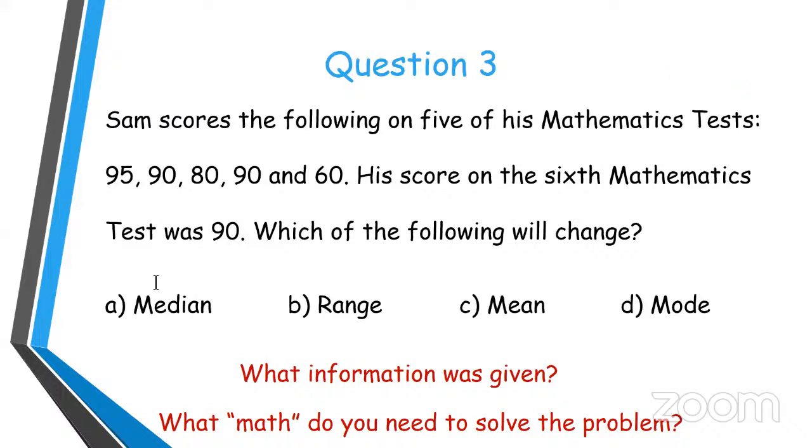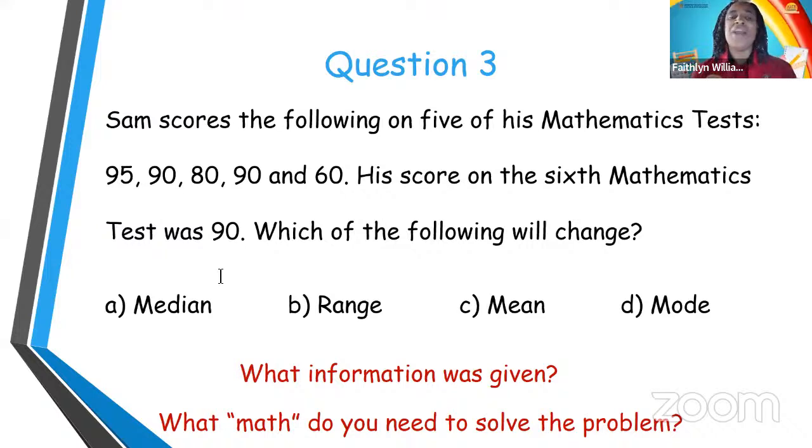So how you would solve the problem is that you would add 90 to the set. So it's 95, 90, 80, 90, 60, and another 90 now. And then the range would still stay the same because the highest number stays. Can you hold on a minute there, Jonathan? I noticed you jumped from median and you went over to range and told us that the range would still be the same.